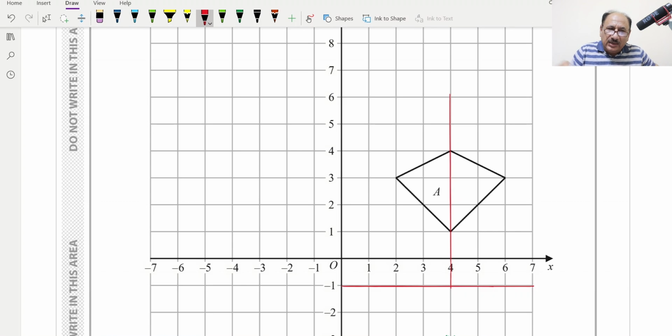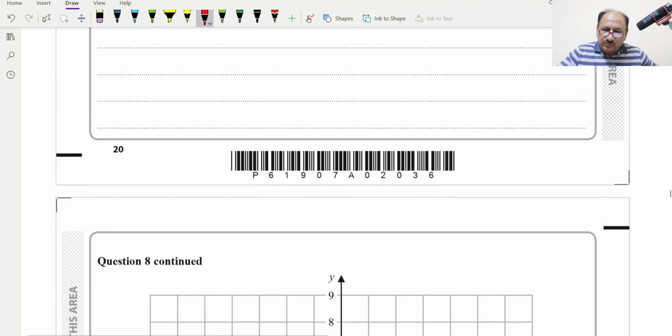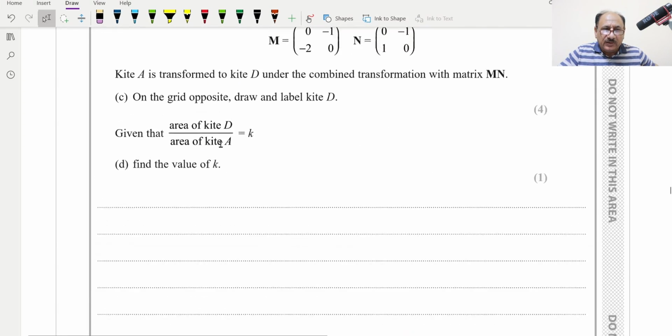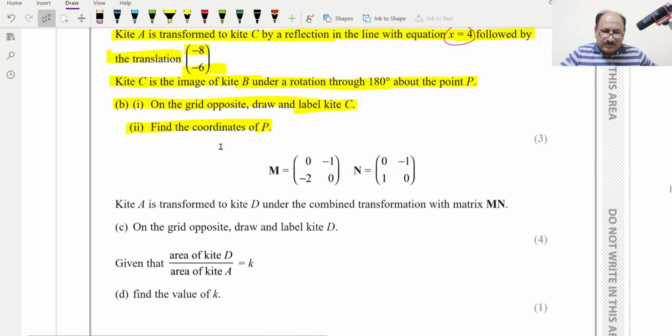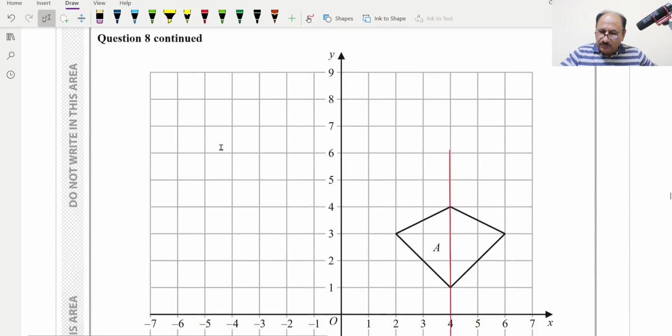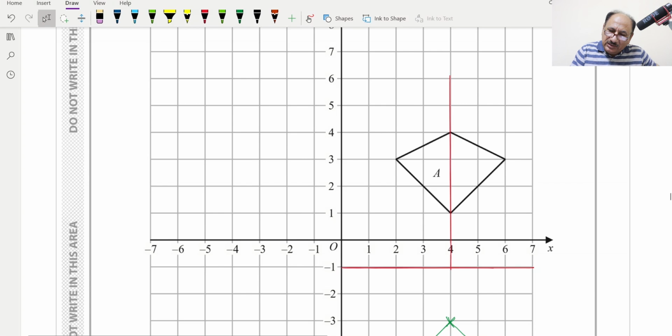The next transformation which we have to apply on it is the translation by the vector (-8, -6). So -8 means 8 units to the left side, and -6 means 6 units down. So first we'll move 8 units to the left.